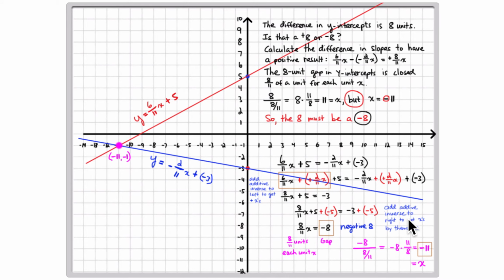And then next, you work on the other side to add the additive inverse to the right to get the x's by themselves, but also you calculate what the difference in these y-intercepts is by doing that. So one side, add the additive inverse to get the x's onto one side, add the additive inverse to the other side. Another way of saying that is to get all the y-intercepts to, in this case, the right side.